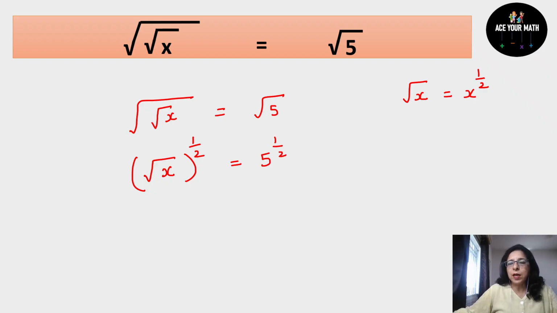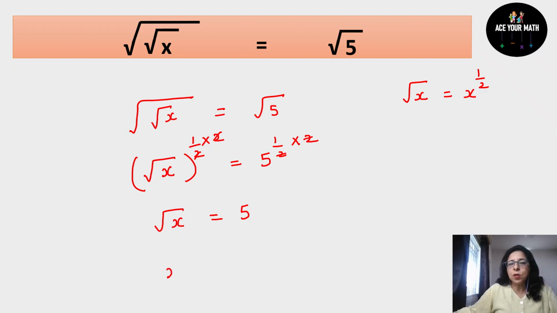Now I want the value of x, so I can eliminate this 2 by squaring on both the sides. When I'm squaring, this and this 2 will get cancelled. So I will be left only with root x equals. Again on the right hand side, this 2 and 2 will get cancelled, so I am left with 5. Now I'm looking for the value of x.